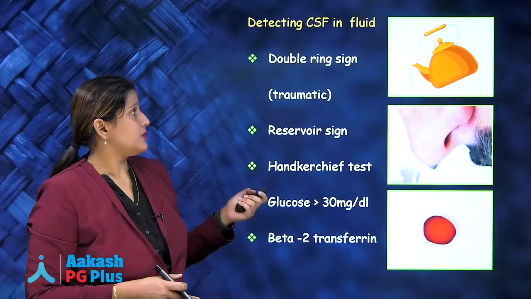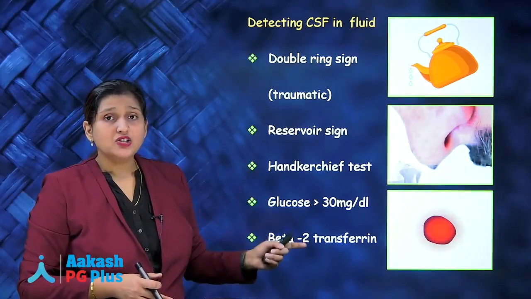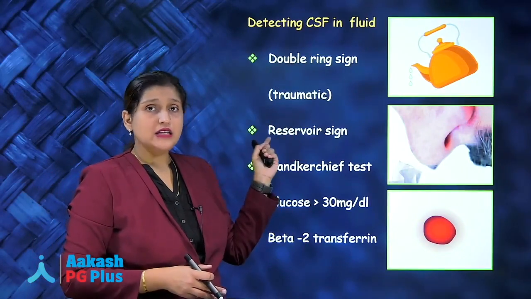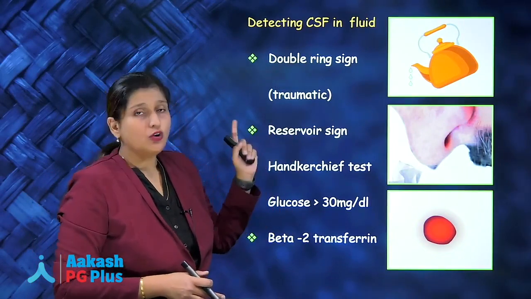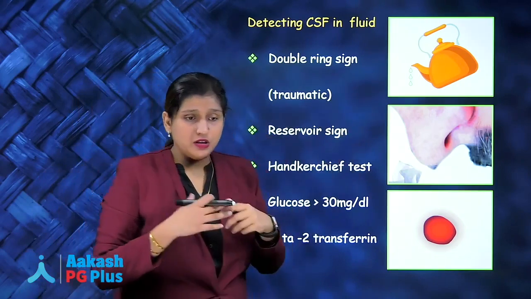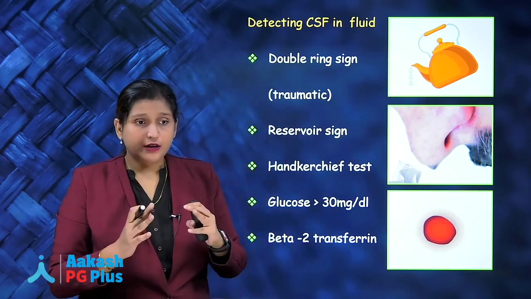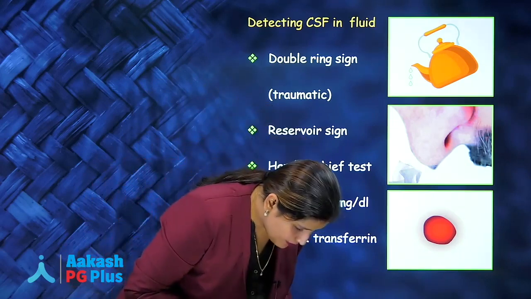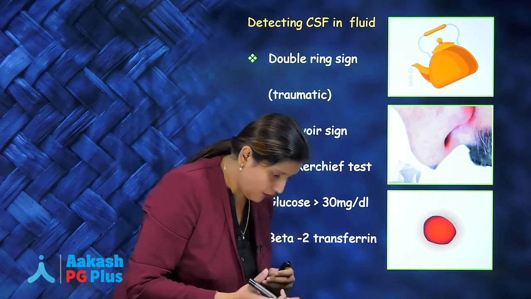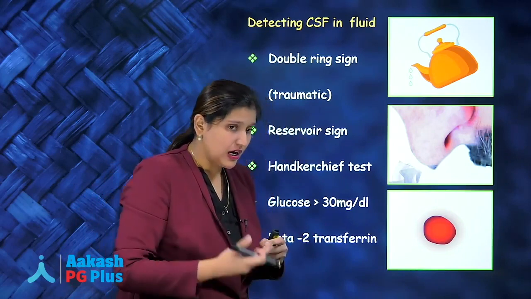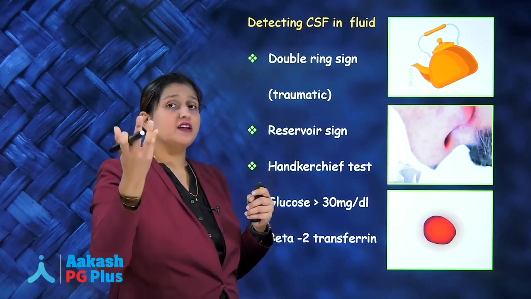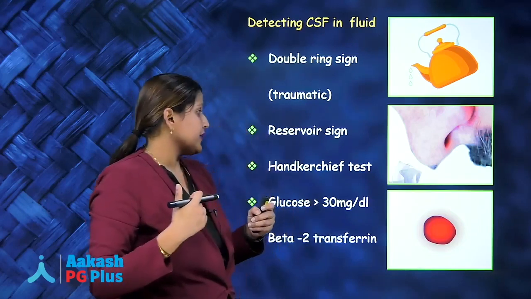Other signs and symptoms that are commonly seen in CSF rhinorrhea are the double ring sign, as we have already seen the target sign, and the reservoir sign, in which the patient typically presents as when you wait for a certain period of time and then when you bend forward, and it is also called the teapot sign. When you bend forward, then CSF starts dripping, but it drips after a time, as if it was filled in a reservoir and then it came forward.